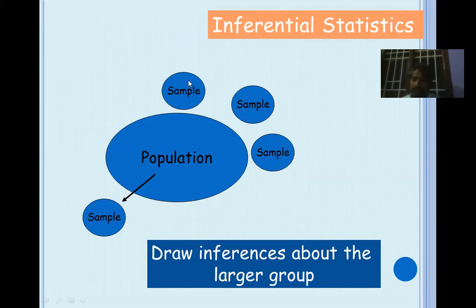There are n number of samples which you are not taking. That means, out of the total population, we take only a very small number of respondents as a sample and we analyze and do research. In inferential statistics, after collecting data only from very few samples, we are going to judge how the population would be.